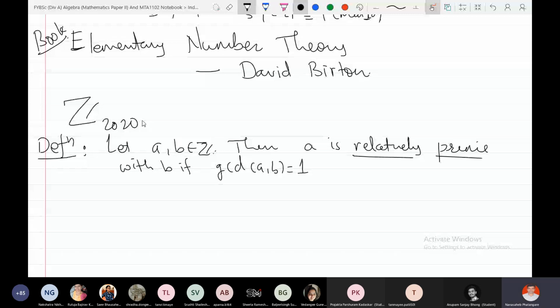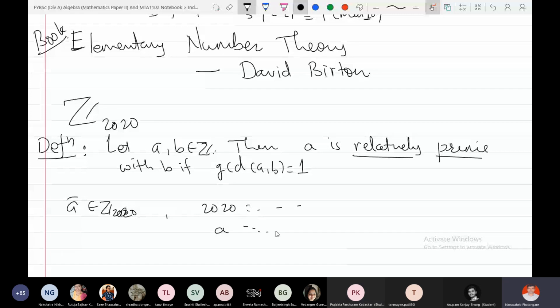If I take a bar belonging to Z 2020, then you know the factors of 2020, you know the factors of a, and if there is a common factor at all, then you can say that they are not relatively prime. If there is no common factor at all, then they are relatively prime.